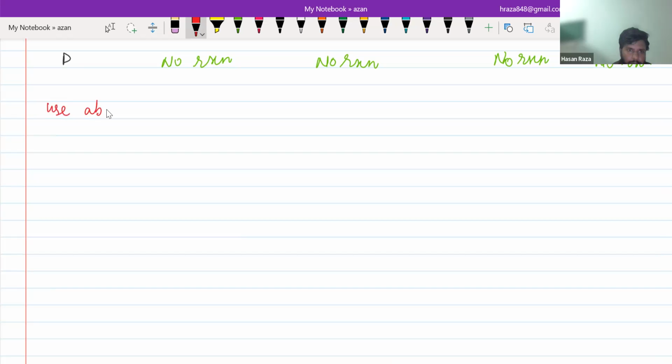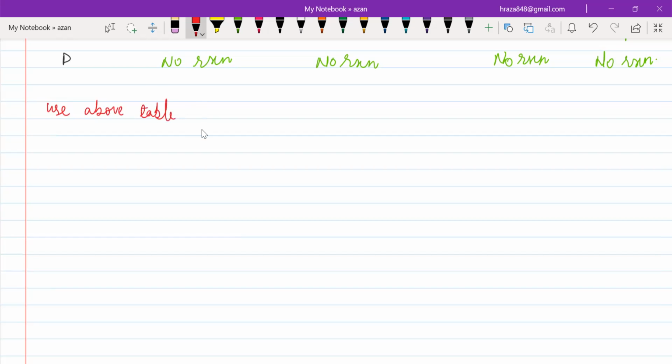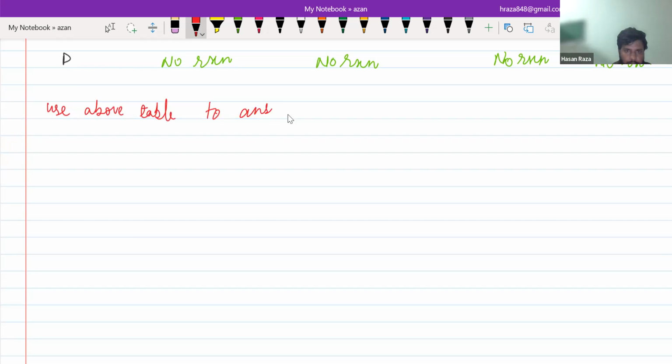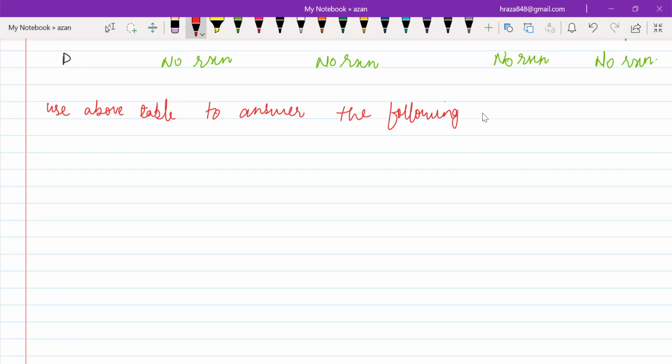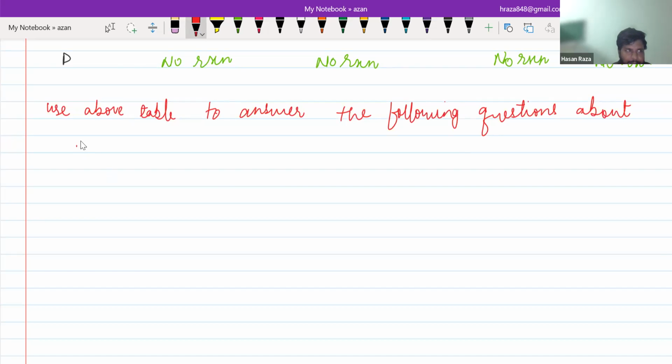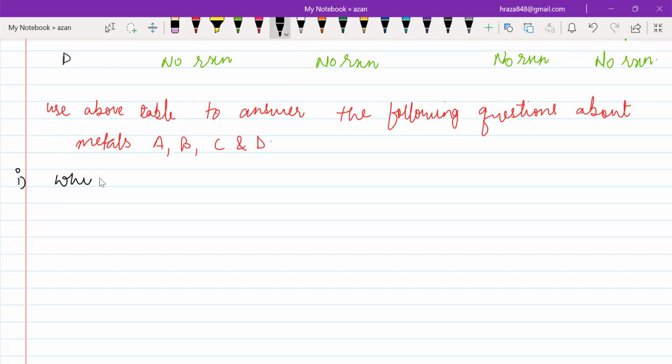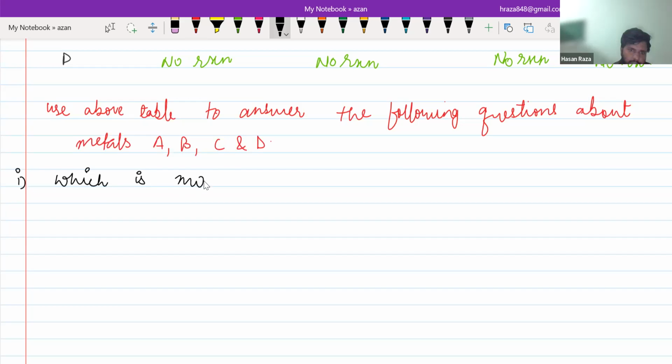Use the above table to answer the following questions about metals A, B, C, and D. So the first question is basically, which is the most reactive metal?